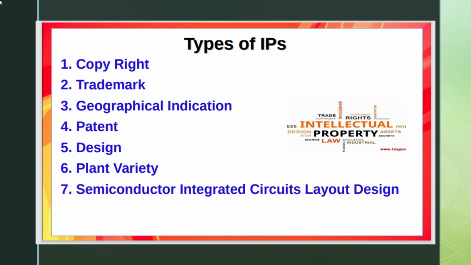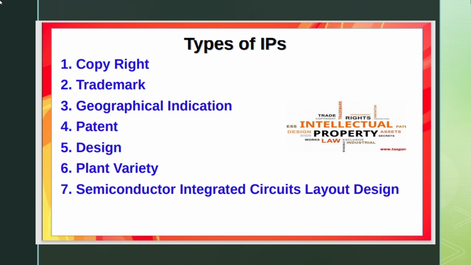In other words, it is the right to not copy. It is offered when an original idea is expressed by the creator or author. It is a right conferred upon the creators of literary, artistic, musical, sound recording, and cinematographic films.